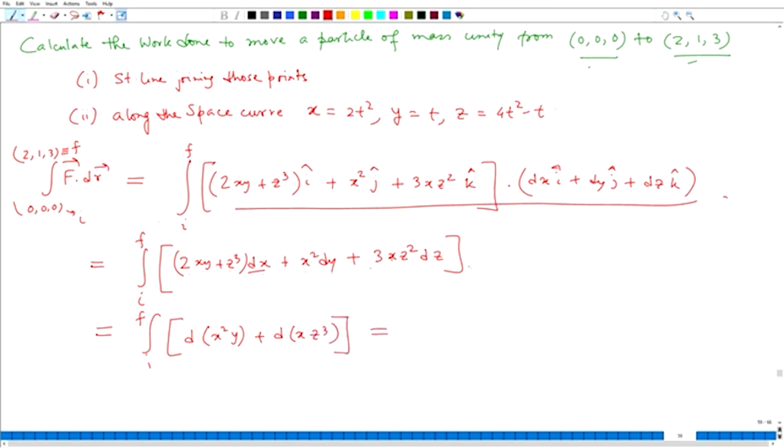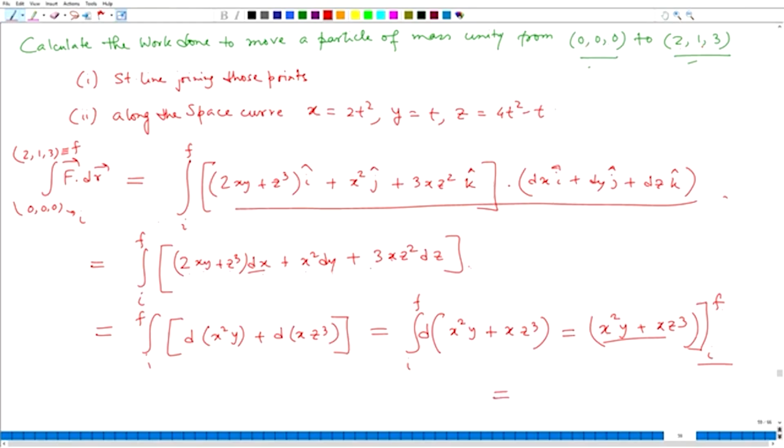So, finally, you will have the integration from i to f of d of x square y plus xz cube. So, finally, what will be this? The final value of this function minus the initial value of this function, and what is the final value of this function when this is at the point 2, 1 and 3, and what is the initial value when everything is 0, 0, 0. So, this value is 0.